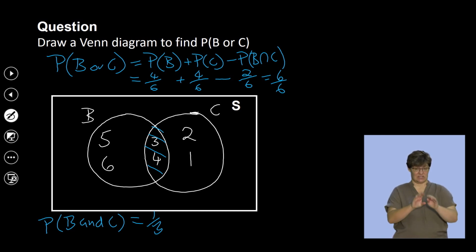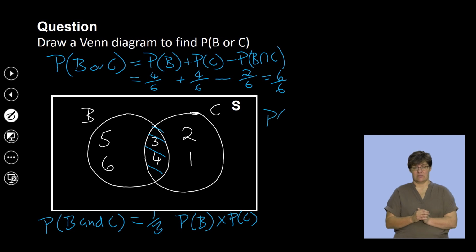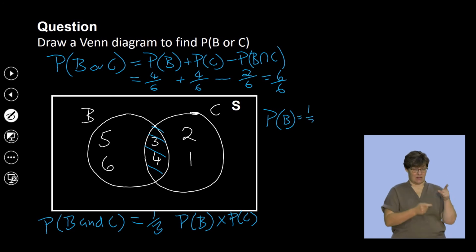Now, if they're independent, then what we should be able to do is to recognize that the probability of B multiplied by the probability of C is going to be equal to 1/3. But is that the case? Well, let's have a look and see. So if we take the probability of B, recognize the probability of B from that calculation over there is 1/3.